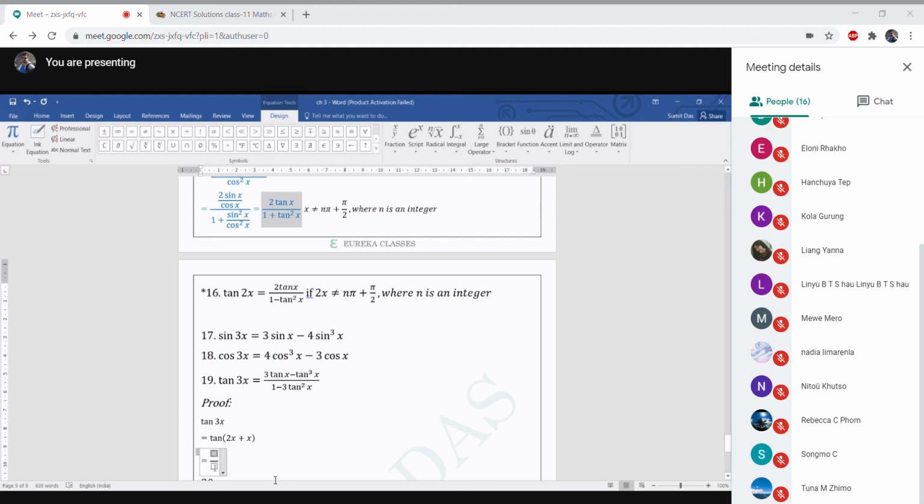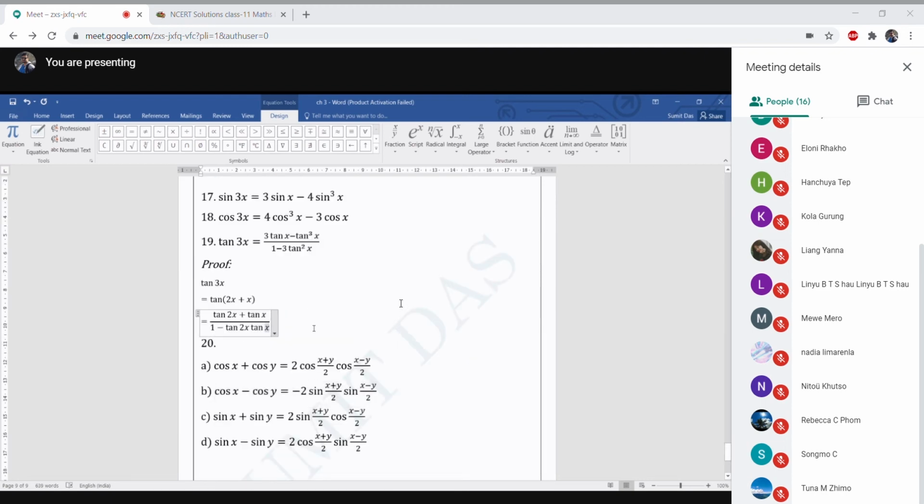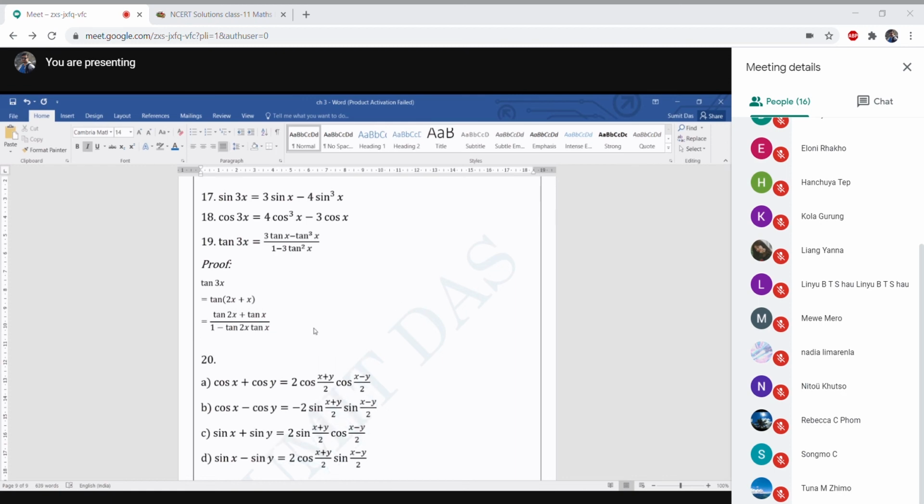So it will be tan x, what is x here? 2x. Plus tan x divided by 1 minus tan 2x into tan x. Now what we have to do?